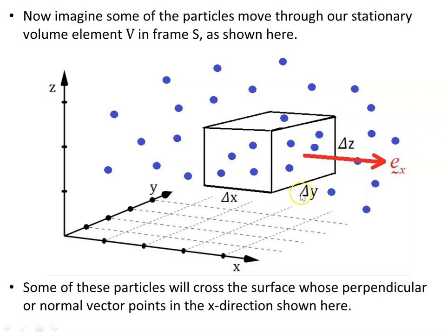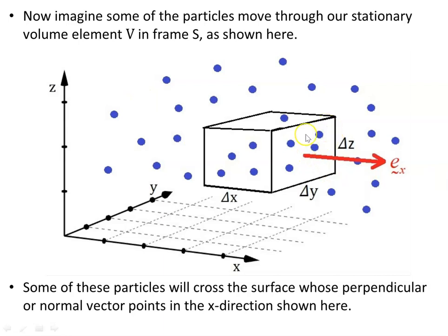This volume element can be any size. It doesn't matter what it is, but it can be any dimension we want. So we'll call it volume element, delta x times delta y times delta z. The swarm of particles is moving in the direction of the x-axis. So this is frame S, and the blue particles belong in frame S prime. All right.